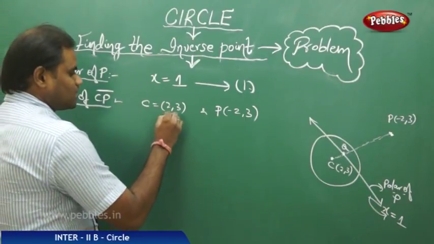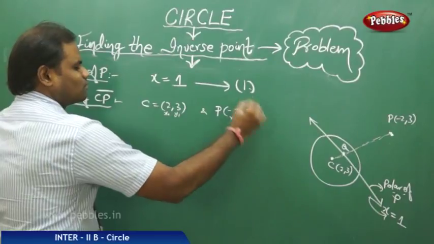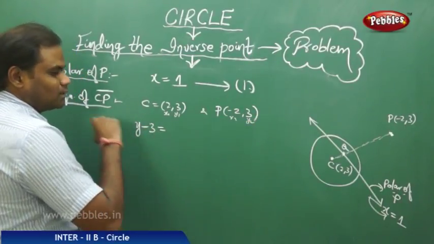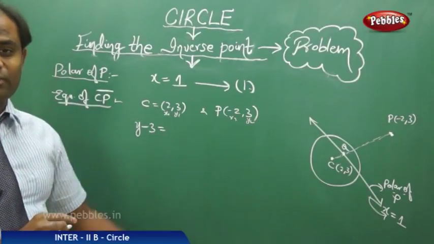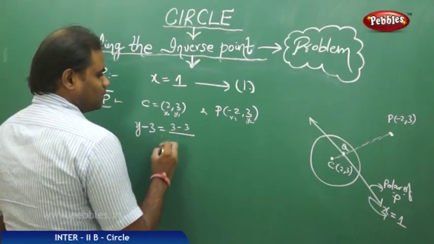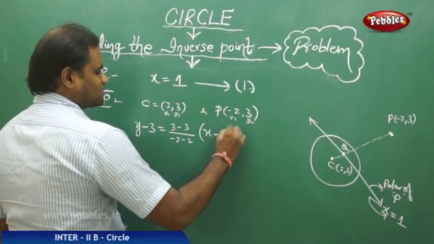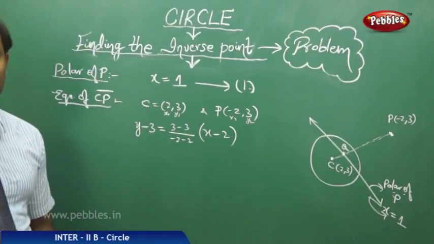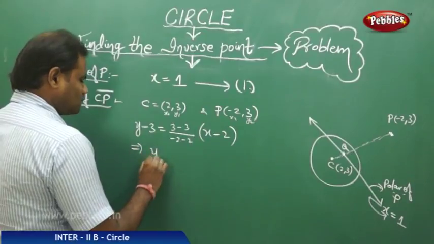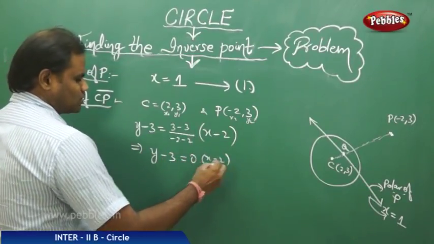Therefore, if I take this as (x1, y1) and this as (x2, y2), then using the two-point form of a line, y minus y1 is equal to y2 minus y1 by x2 minus x1 of x minus x1. So on simplification this gives y minus 3 equals 0 times x minus 2.